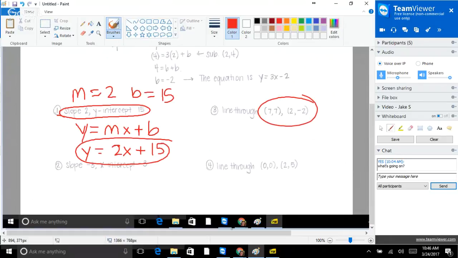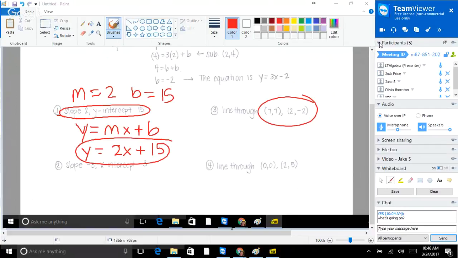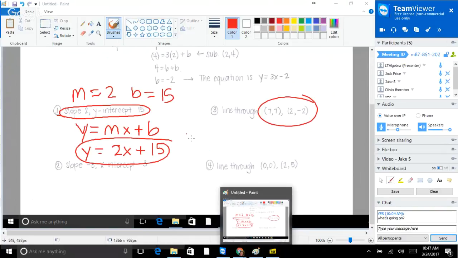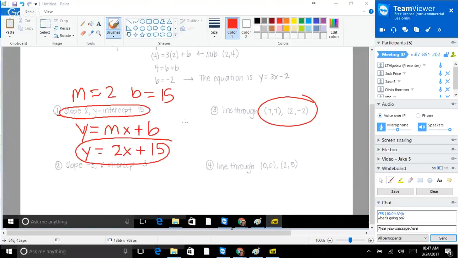If not, then you're free to go. So Jake, do you have a minute to go over that? Okay, because this will be what's when we start on Monday, we'll kind of have to have the same knowledge.